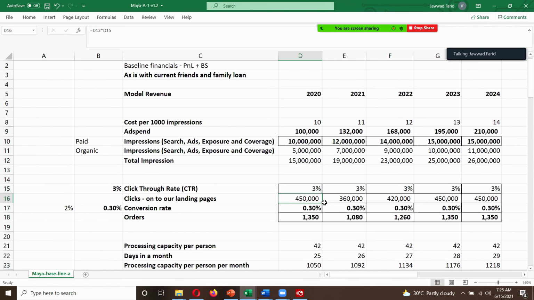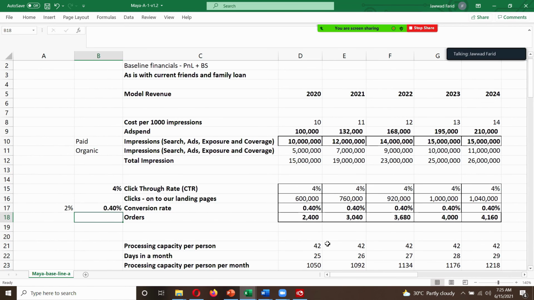So I've had a big step up. There you go. And I take this forward to about, say, 4% click-through rate. So that's done. This is also fine. Let's in fact take it a little higher to 0.4. So 4% click-through rate and 0.4% conversion, right?